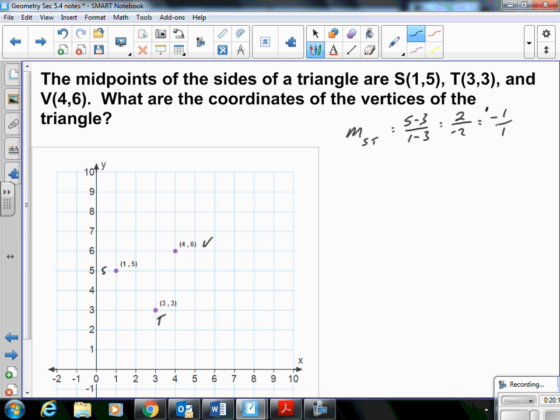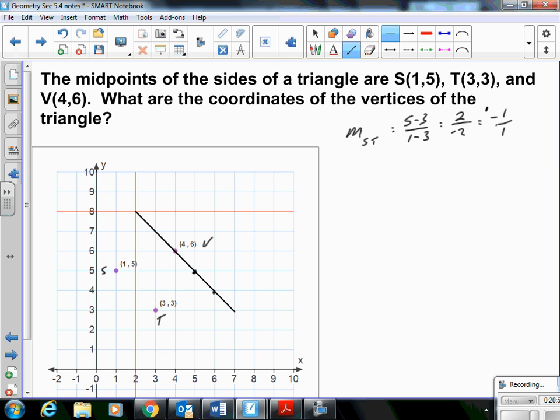So using that slope, if I go to point V and I do a slope of -1, from point V, I'm going to go down 1, that's the negative, going down, and to the right 1. So there's a point. I go down 1 and over 1, another one to make another point. Which then I can draw a line that goes through those points.